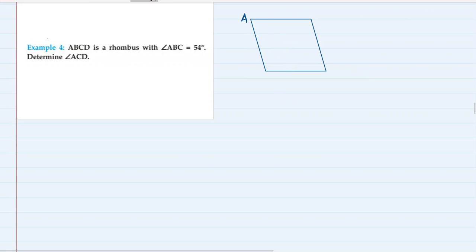ABCD is a rhombus with angle ABC equal to 54 degrees. This is 54 degrees. Determine angle ACD. ACD is this angle.